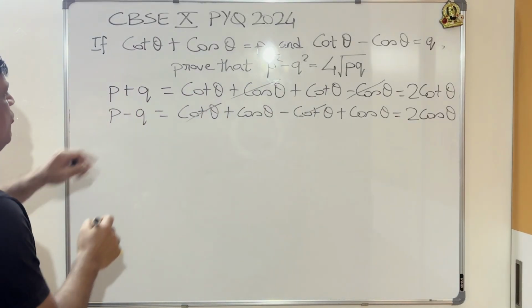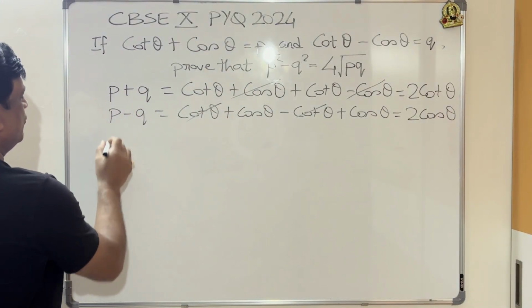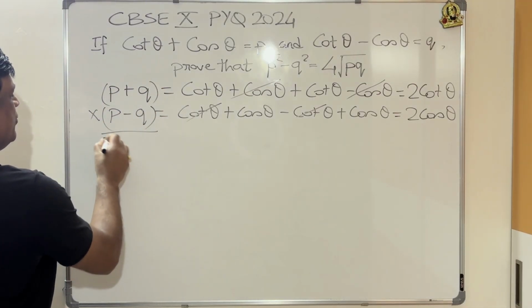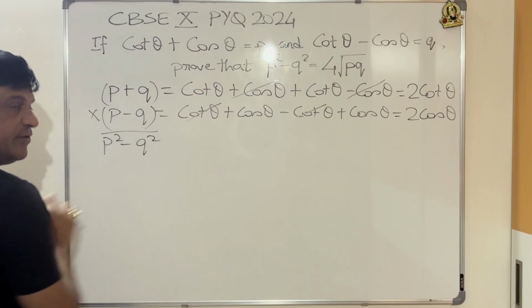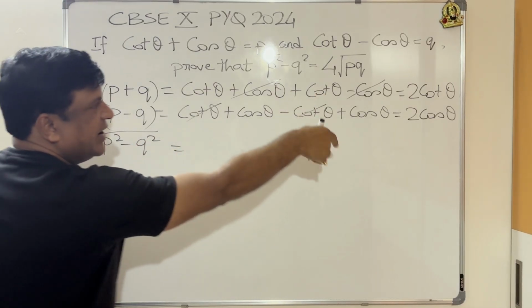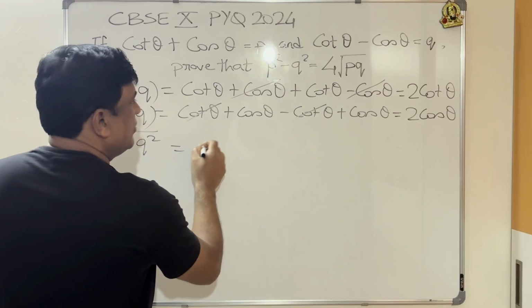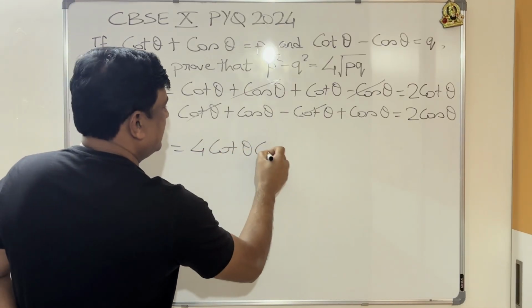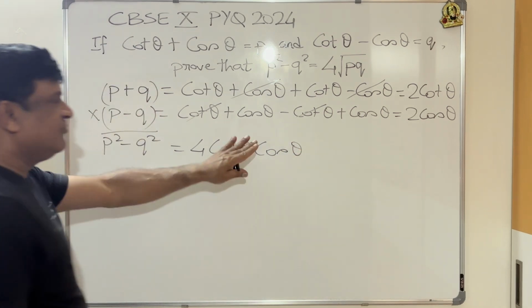So now look at it. When you multiply these two expressions, you get P square minus Q square. So similarly, let's multiply those two. What do you get? You get 4 cot theta times cos theta. That is what you have.